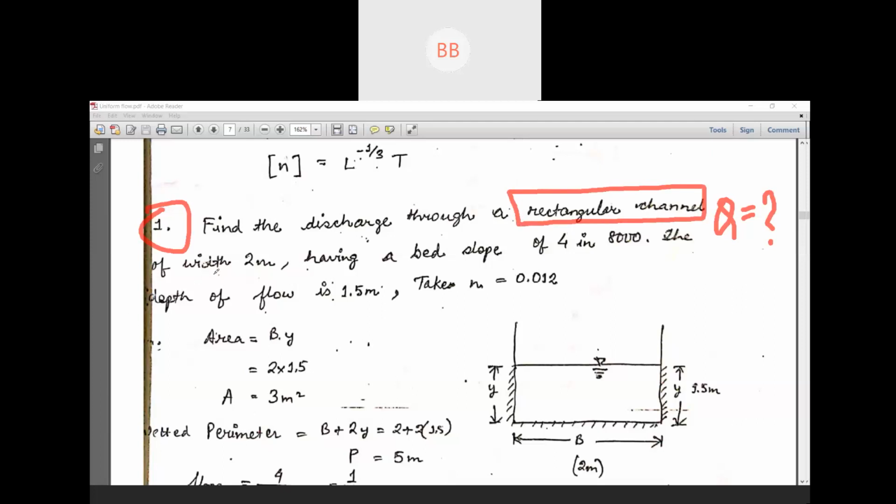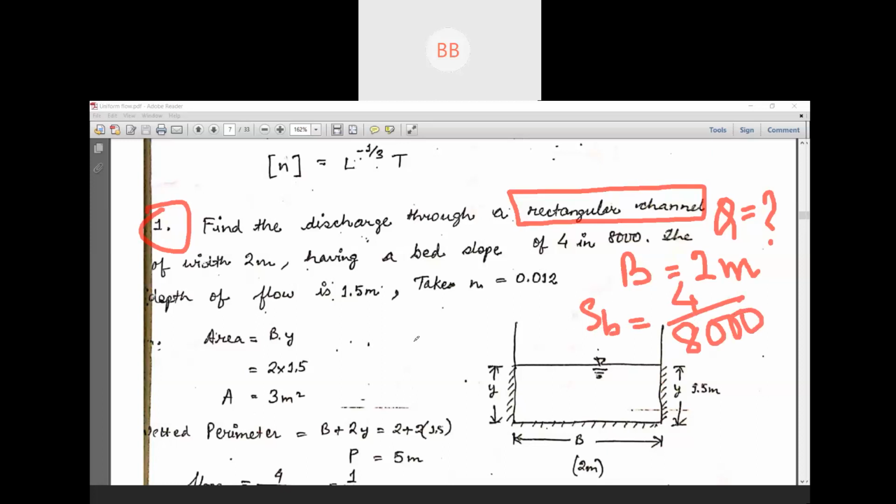And what they have given: the width of the channel, if we consider the width as b, is given as 2 meter. Having a bed slope Sb given as 4 in 8,000, that is 4 by 8,000.